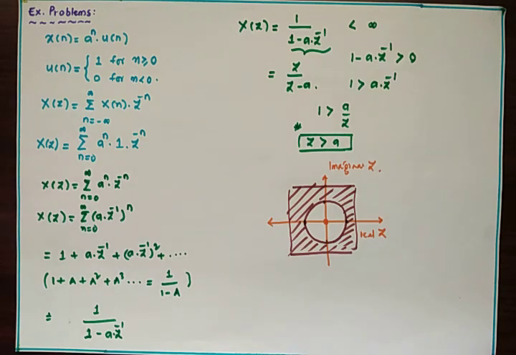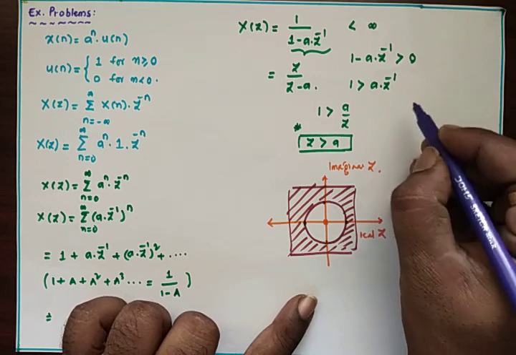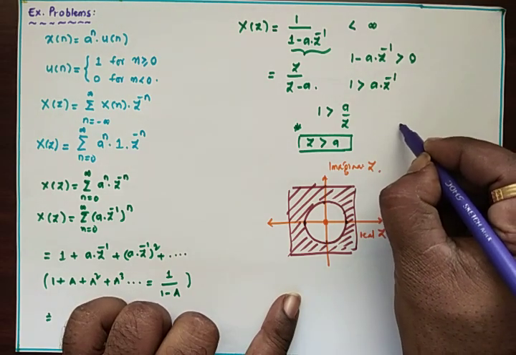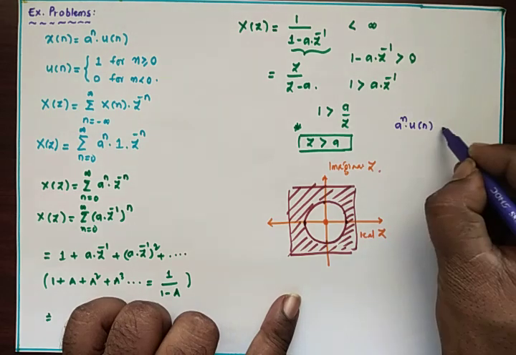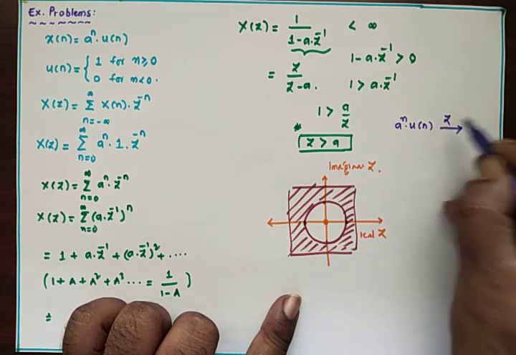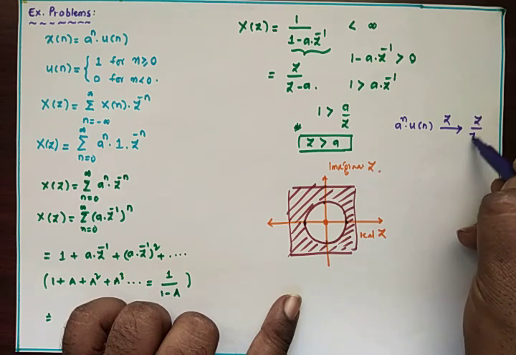some other problems. Now if I take the signal x of n equals a to the power of n into u of n, on which we applied the z transform, we got z by z minus a.